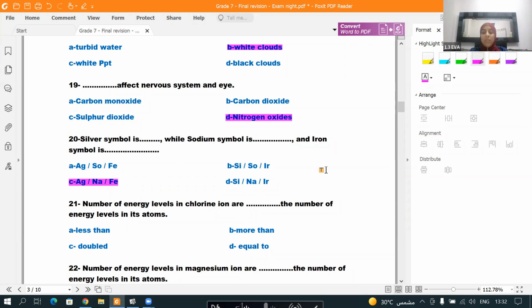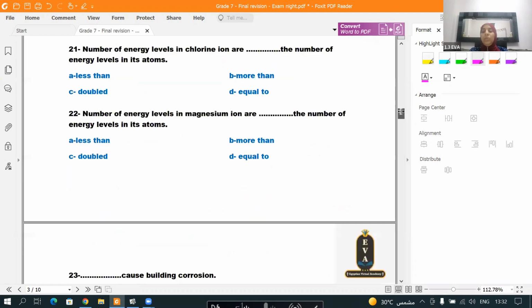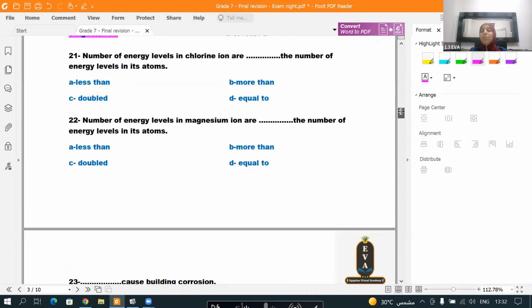Iron is ferrum, so it's Fe, and silver is argentum, so it will be Ag, which is totally different. So please don't be distracted by this. But at the same time, some elements have symbols like the English, like carbon, which starts with C, and calcium, Ca.